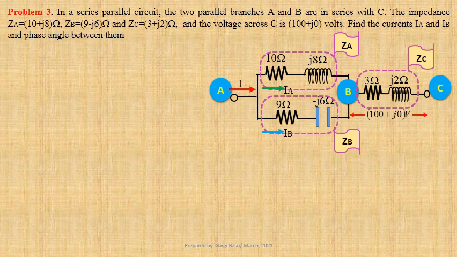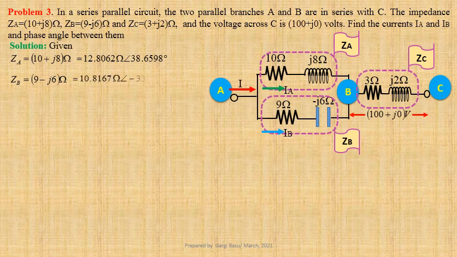Let us first jot down the given data. ZA equals 10 plus J8 ohm, that is equal to 12.8062 ohm at an angle 38.6598 degree. ZB equals 9 minus J6 ohm, that is equal to 10.8167 ohm at an angle minus 33.6901 degree.